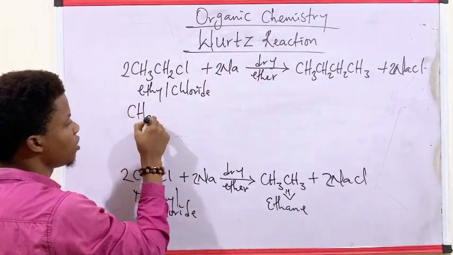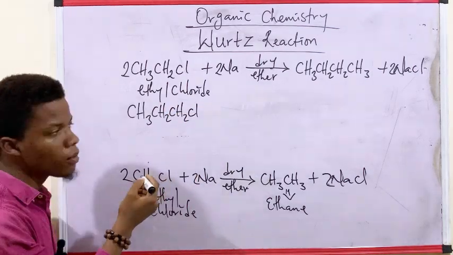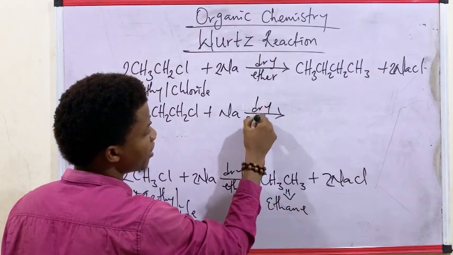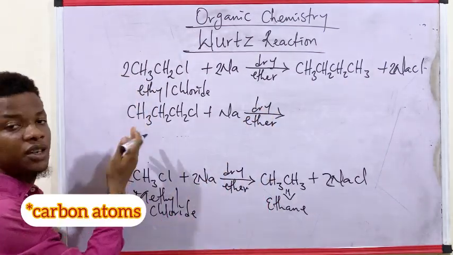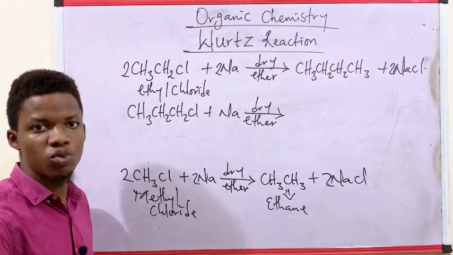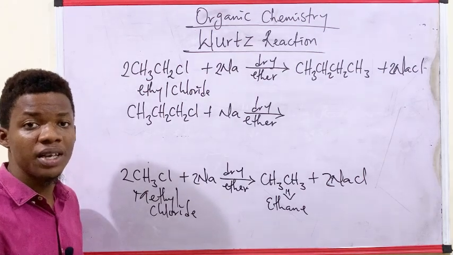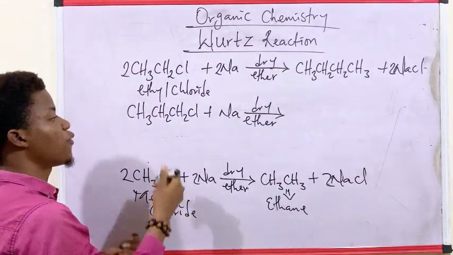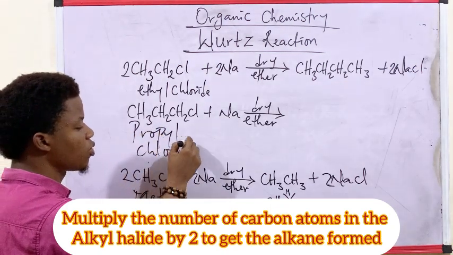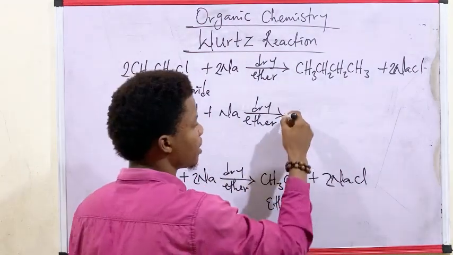So CH3 CH2 CH2 Cl reacts with sodium in dry ether. Now, how many carbons do you have here? 1 2 3, so 3. Now multiply 3 by 2. What will it be? 6, right? So propyl chloride will react with sodium in dry ether to give us hexane.